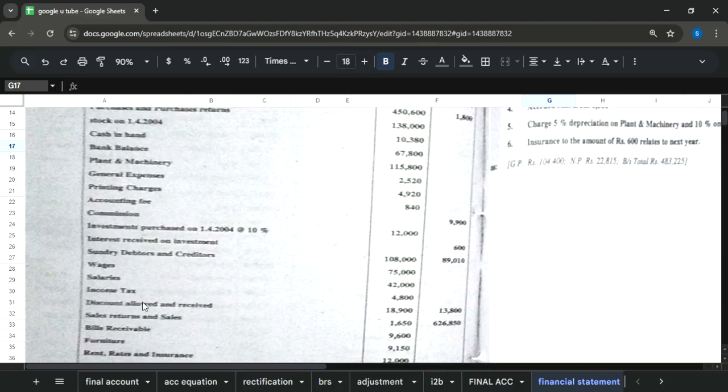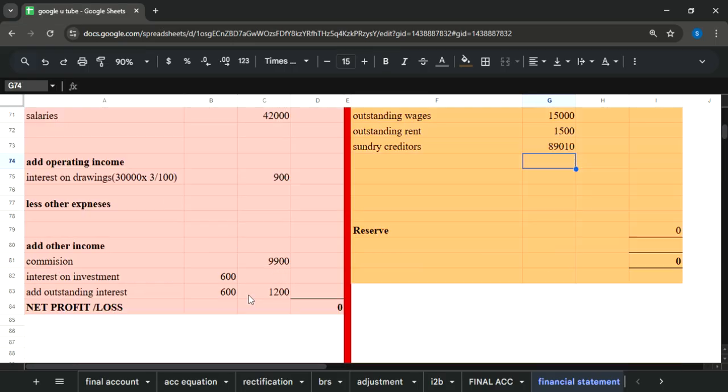Okay. Now next is discount allowed and received. First, you can see allowed is written at first place, so this debit side discount would be considered allowed, and credit side would be considered as received. There is second very important way to judge. Discount allowed is an expense. Expense should be debited, so this debit side 18900 is discount allowed. For that, you go to the expense side.